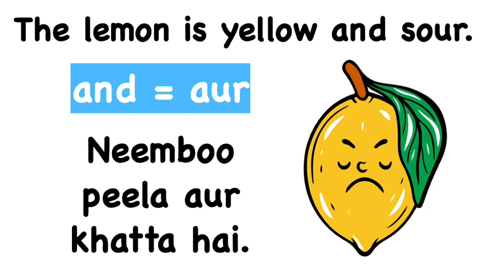Nimbu pila aur khatta hai. Nimbu pila aur khatta hai. Let's break down those words. Nimbu is lemon, pila is yellow, and khatta is sour. And we have the word and in the middle of pila aur khatta. Aur is and, and it's in the middle of the two. Nimbu pila aur khatta hai.